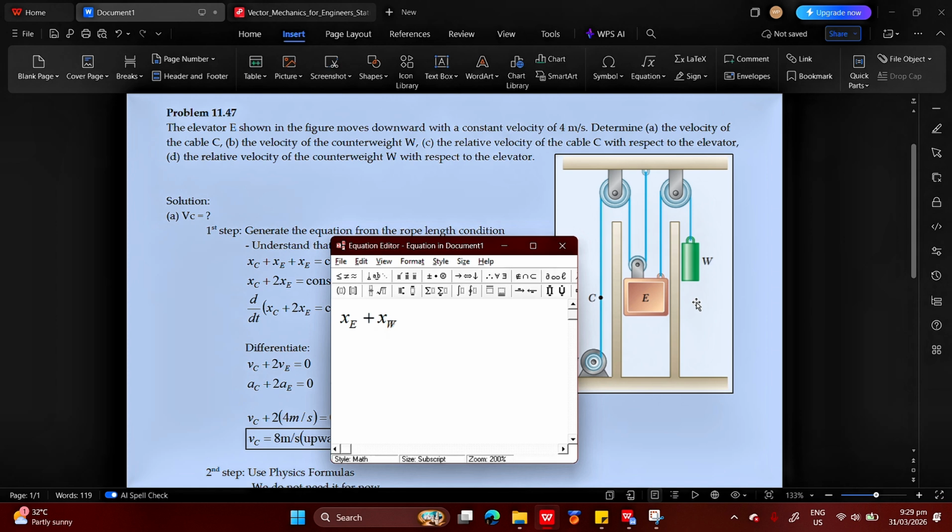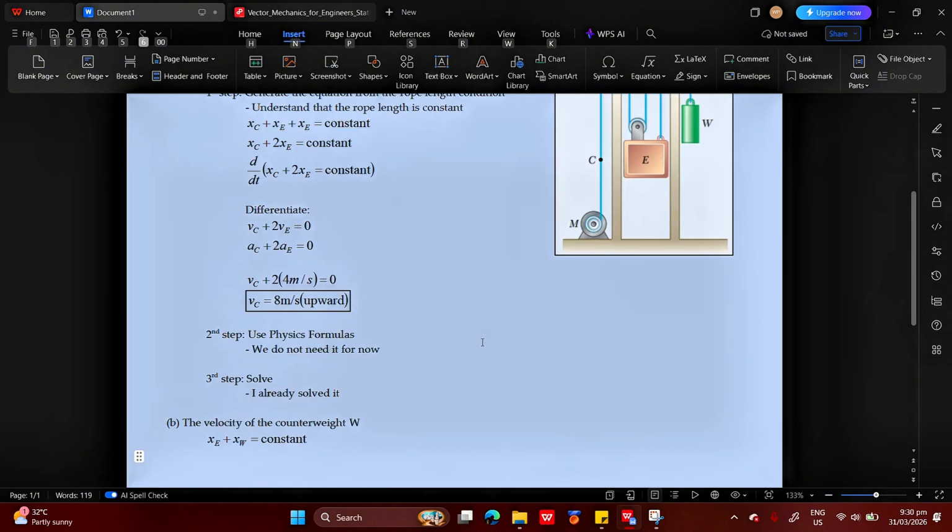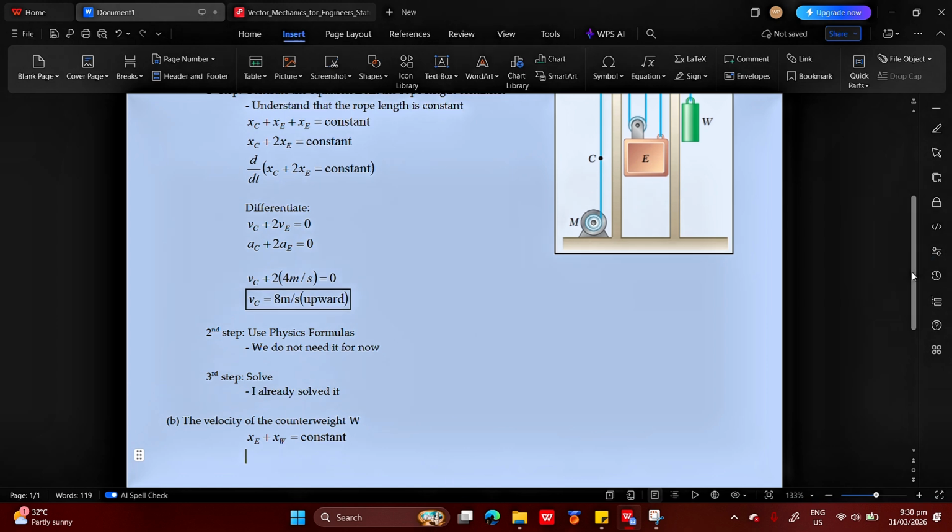Because if w is going upwards or downwards, the rope at this point is also changing in length, but the total length of them will never change. It will stay constant. So if you add them both, they will remain constant even if they move. If you add the length, it will still be the same, because the word constant means parehas. Kahit anong mangyari, still the same.